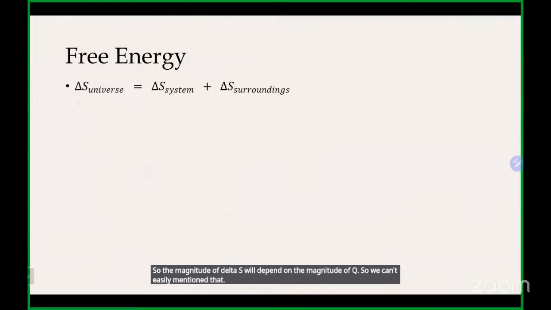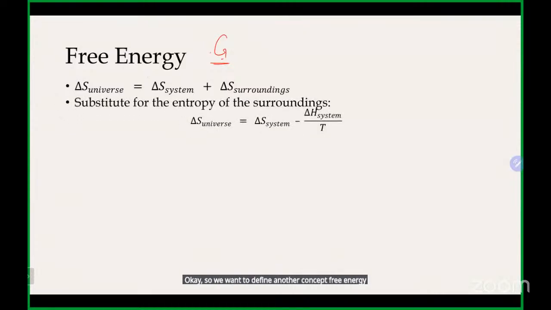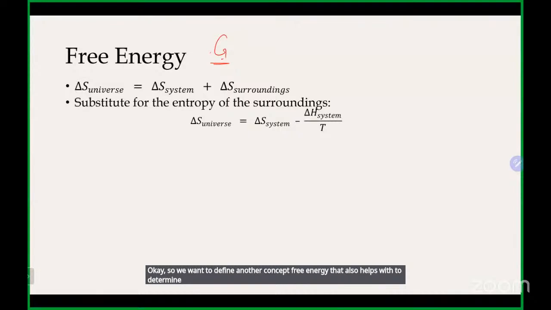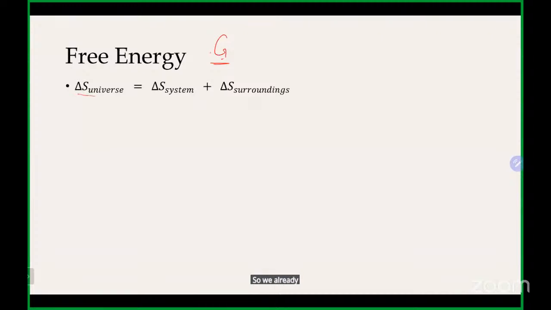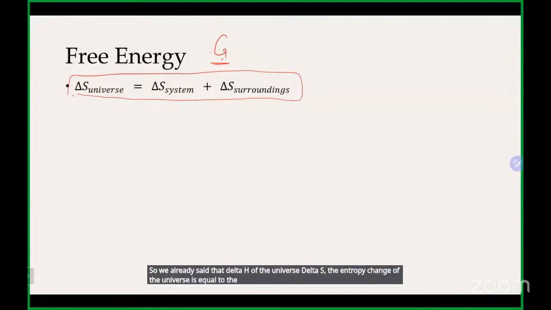Okay, so we want to define another concept, free energy, that also helps to determine the spontaneity of a reaction. So we already said that delta S of the universe, the entropy change of the universe, is equal to the entropy change of the system plus the entropy change encountered in the surrounding.